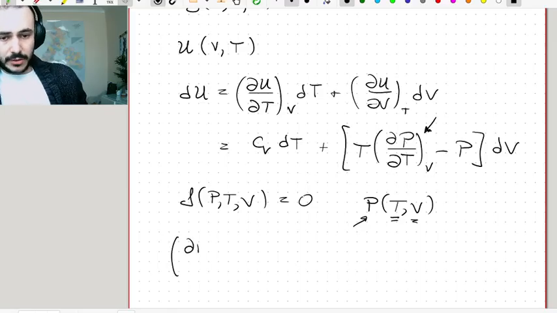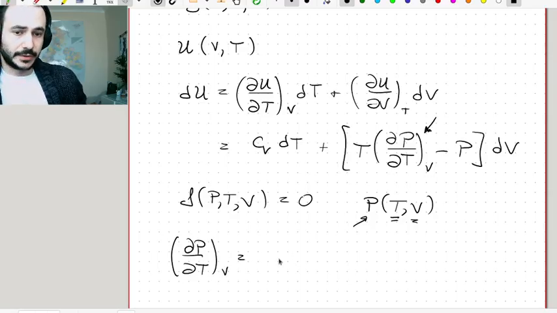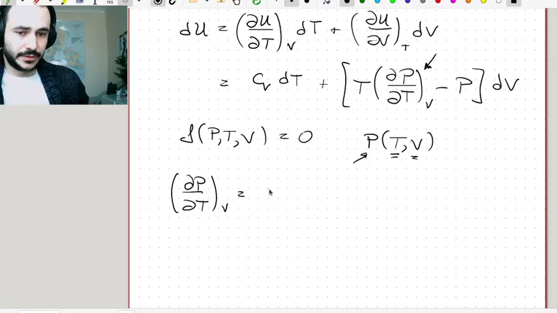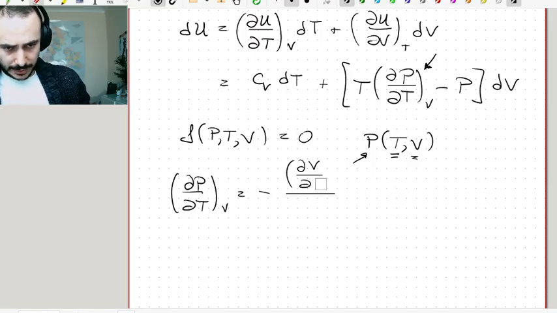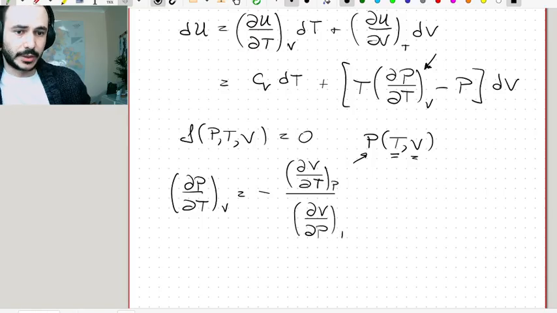Well, you can always resort to the cyclic property of the partial derivatives, and you can always put this derivative differently. Okay, so you can write this as minus the partial derivative of volume with respect to temperature at constant pressure, and in the denominator the partial derivative of volume with respect to pressure at constant temperature.